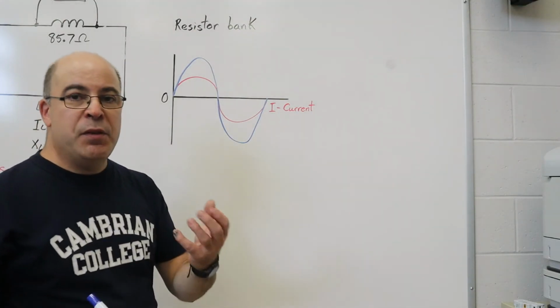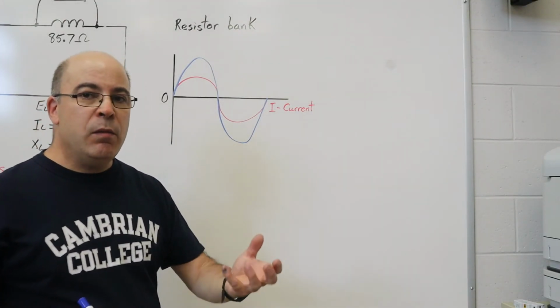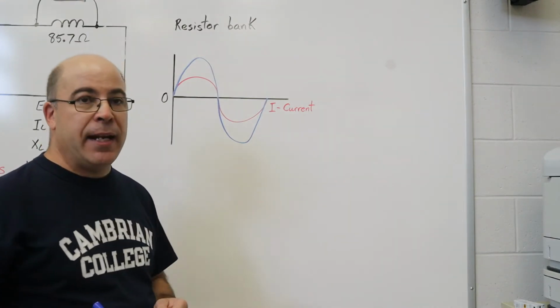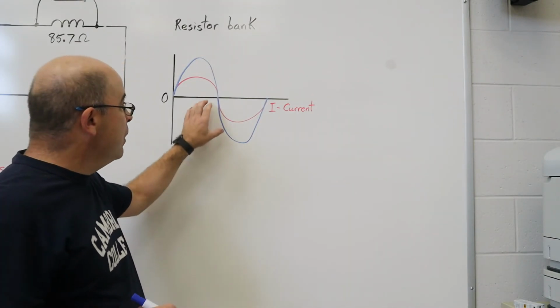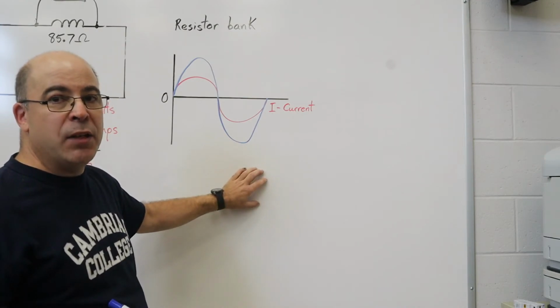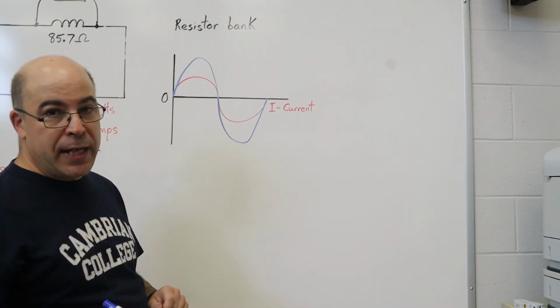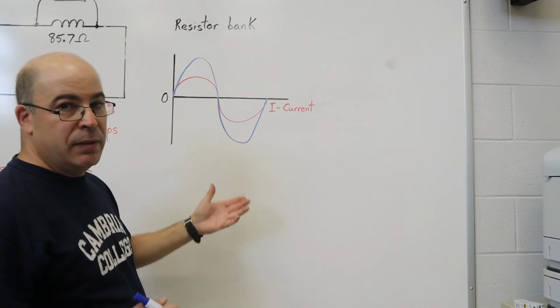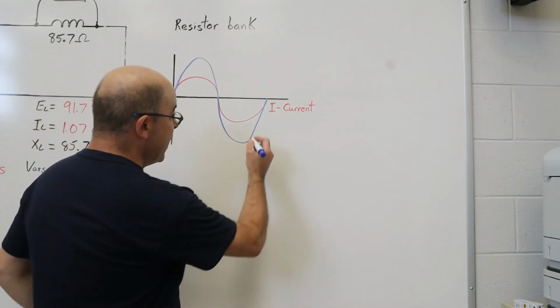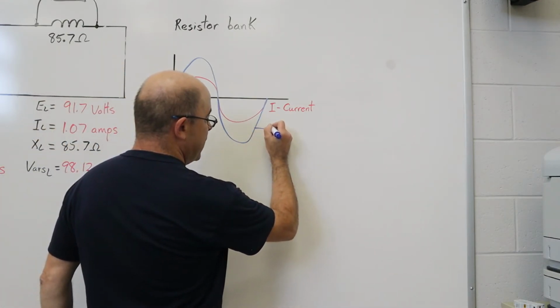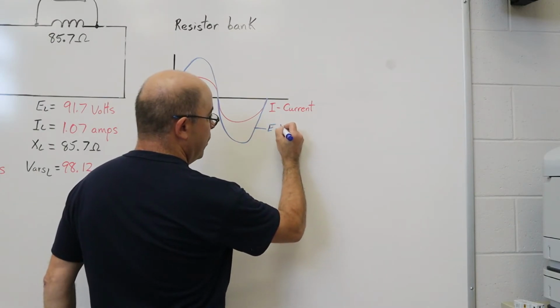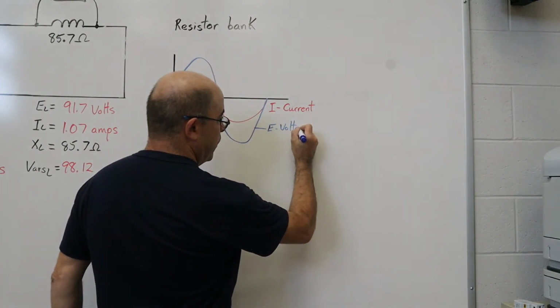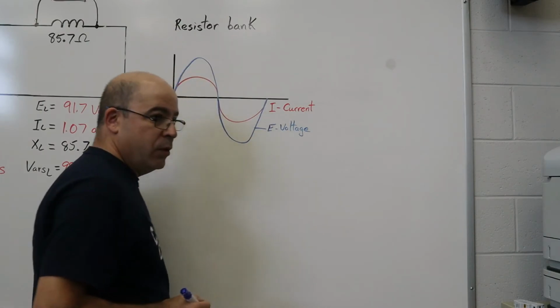If a student was drawing this in pencil, they would be required to identify each of the waveforms so that a faculty member, when they were grading their work, could understand what they're looking at. If it's all in one color, it makes it a little bit harder. So we're going to identify this, and we're going to put down E, or voltage.